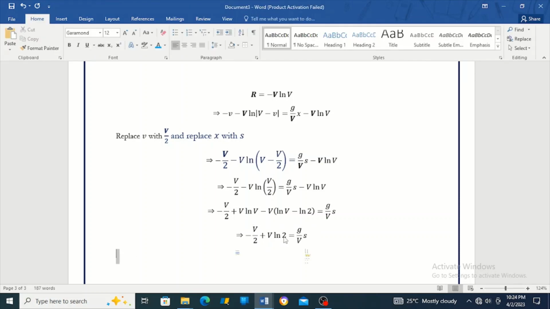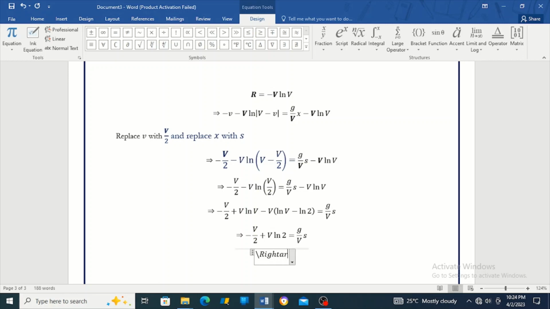So this means that our s is equal to, remember we multiply all through by V, we factor out, anyways, let me just write g on V. Now on the left hand side, which is now our right hand side, we have a V factored out into minus half.